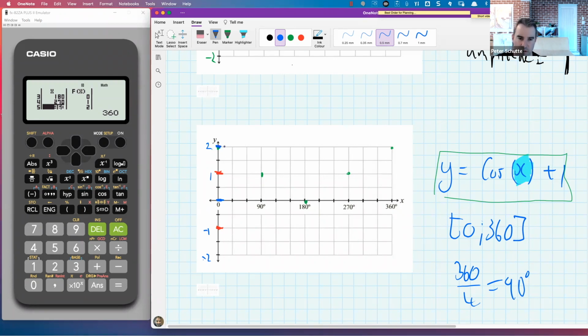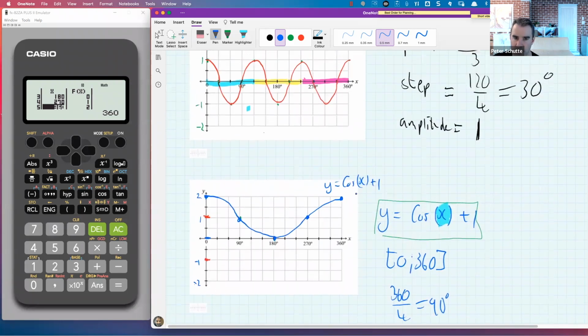So if I draw it, these are my points along the way, and this is y equals. We can even compare it to the one above.